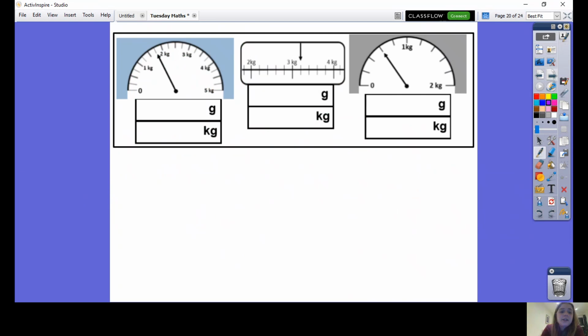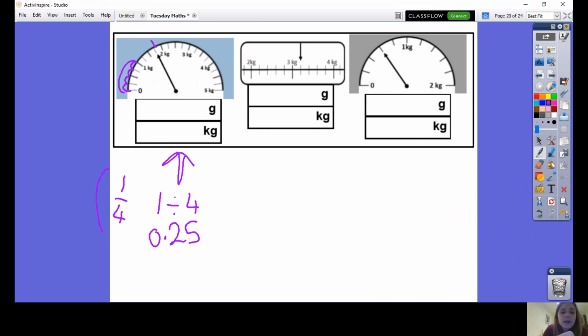So for these questions, we need to combine our skills of using scales and also of conversion. I can see here, I'm trying to read this number. First, I'm going to work out what each increment is worth. In between 0 and 1 kilogram, I've got 1, 2, 3, 4 jumps. 1 divided by 4, and remember that's the same as 1/4, is equal to 0.25.